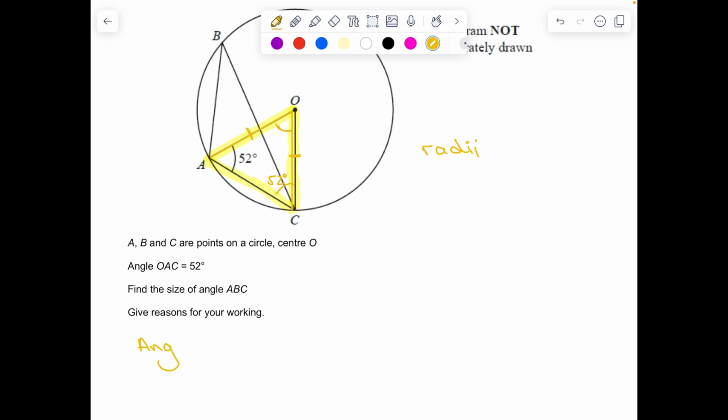So angles in a triangle add up to 180 degrees. And so we should do 180, take away 52 plus 52, which is 104. And that gives us 76 degrees. Okay, so this is 76 degrees.